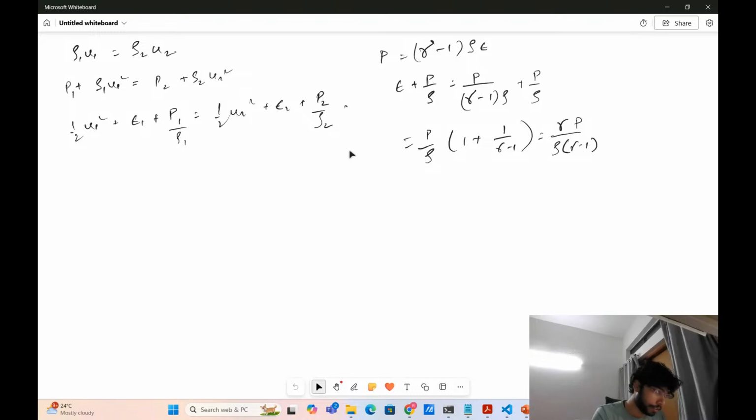So gamma P by rho is Cs square by gamma minus 1. Okay, so we can simplify it like this. So basically this equation will turn out to be half U1 square plus Cs1 square by gamma minus 1, equals half U2 square plus Cs2 square by gamma minus 1.